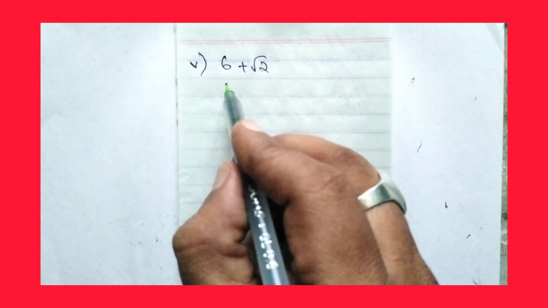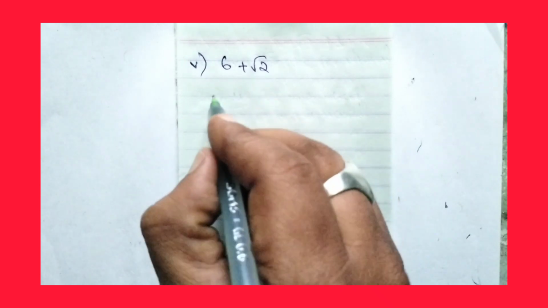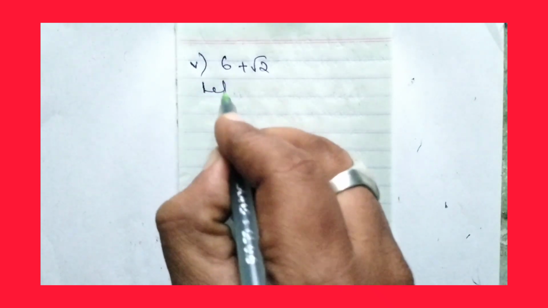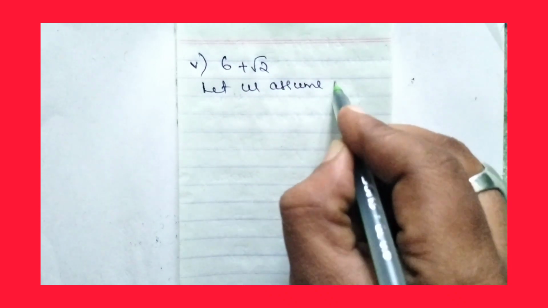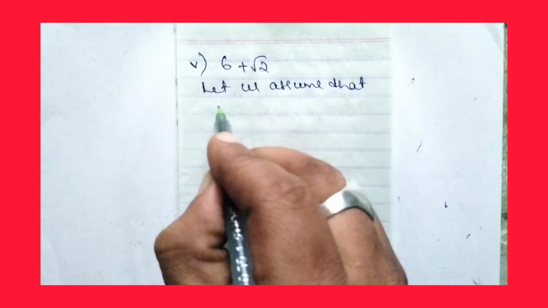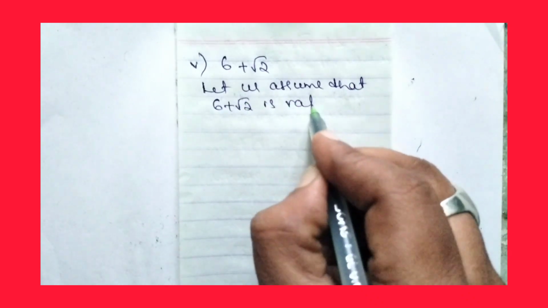So let us move for the fifth question. Prove that 6 plus root 2 is irrational. Let us assume that 6 plus root 2 is rational.